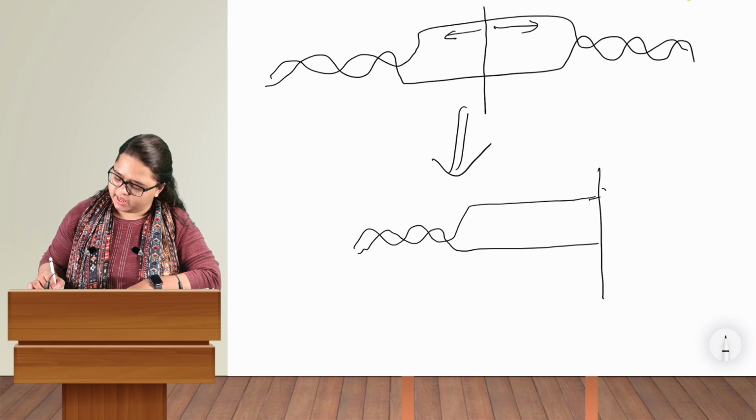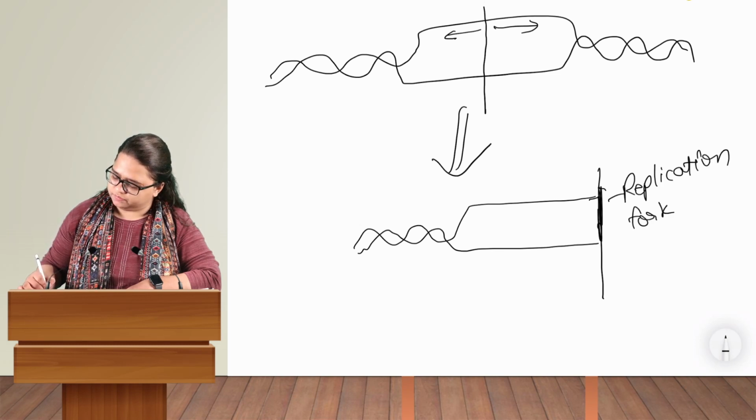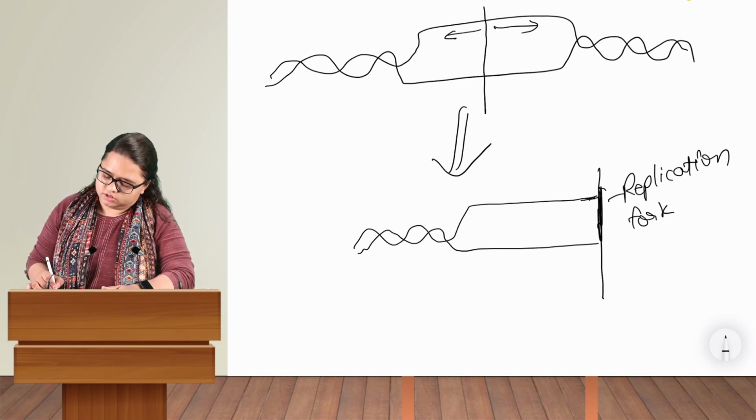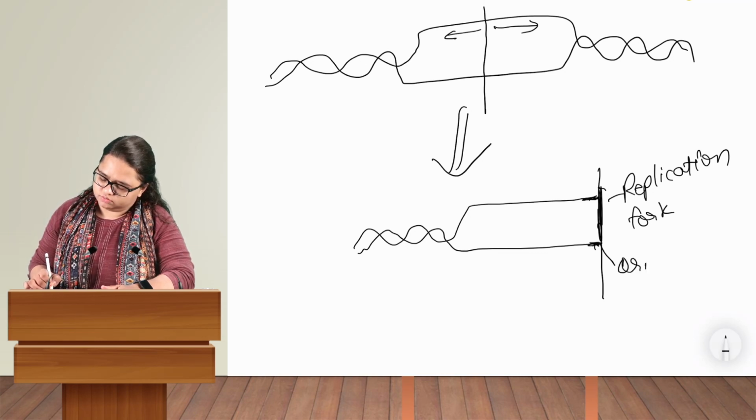This part where the replication starts is known as replication fork. What is it known as? Replication fork. And this strand is known as origin of replication.